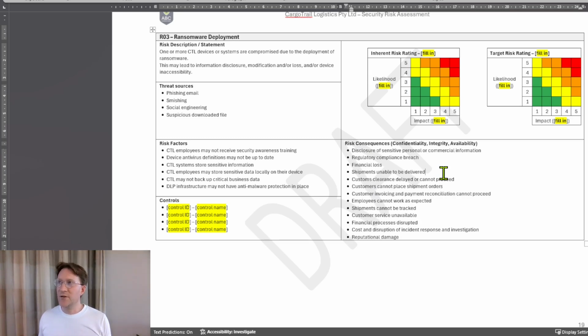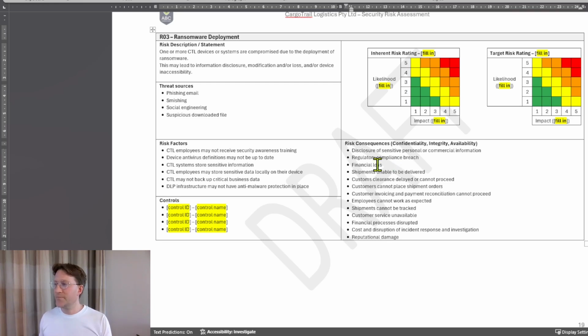Because in this situation, if we think about it, ransomware is not going to go in and change who the shipment is supposed to go to. Things could still be undelivered because the system is simply not working at all. But we've always got to go through, like, you could copy paste some consequences across multiple risks, but you've always got to just stop and think, does it actually make sense?